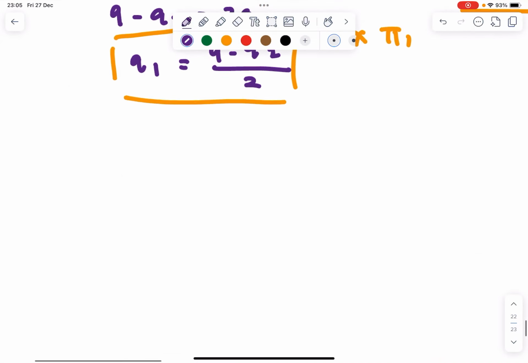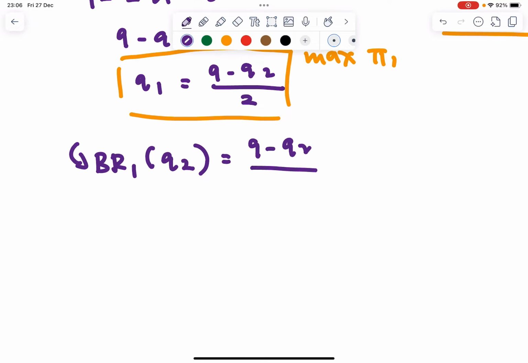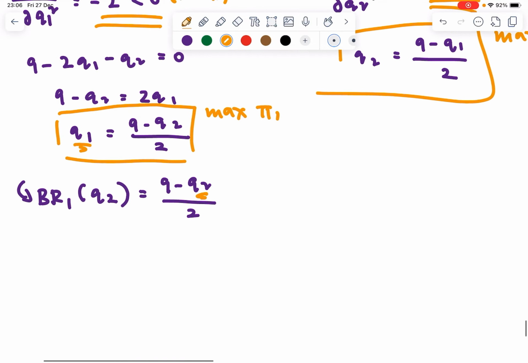So this is what we call the best response function. The best response function for firm 1 as a function of Q2, right? And this is just 9 minus Q2 over 2. So this expression tells us for any value of Q2, what is the corresponding best value of Q1 to maximize our profit. Okay, so far?